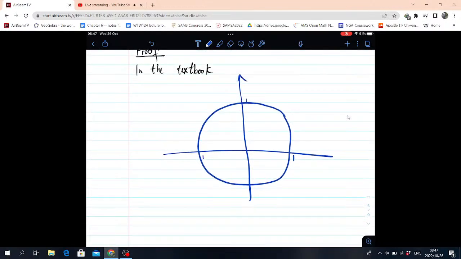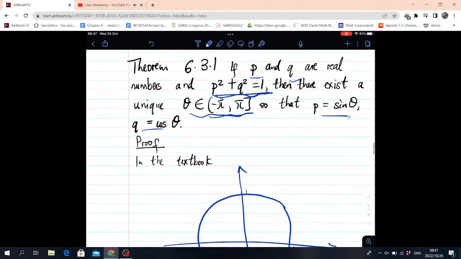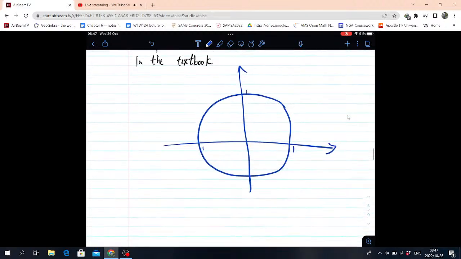That's really what it's saying. So any combination of p and q that satisfies this should be on this unit circle.